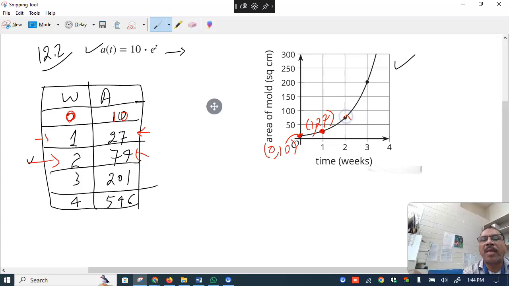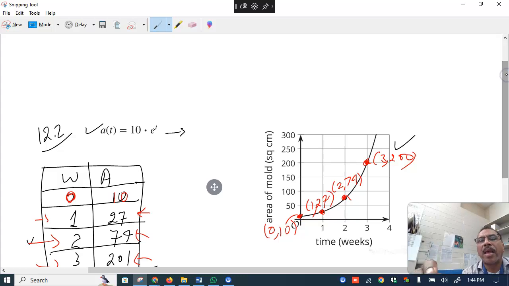So this matches. What you see is that the table matches with the plotted points in the grid or the graph. 2 is 74, and the next one is 3 is 201. So this is a little above 200. Now for 4 weeks, 576 is too large, so we don't have anything there.